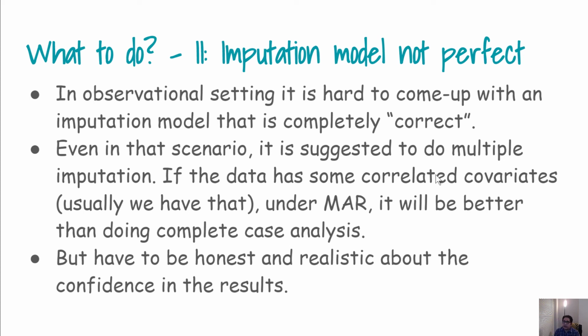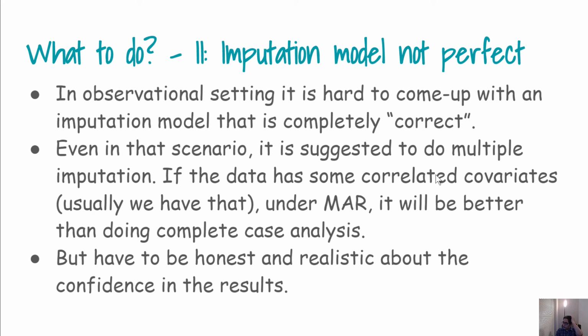And one common question is, when you know that your imputation model is not perfect, there are some variables that are not measured in your dataset that could be helpful in building a better imputation model, what do you do? So basically we're talking about maybe an MNAR situation where you might have some variables that are unobserved.